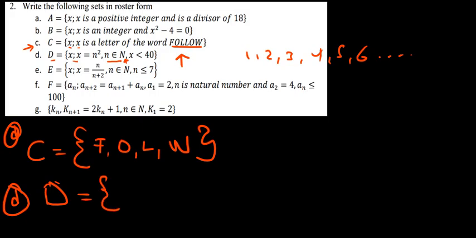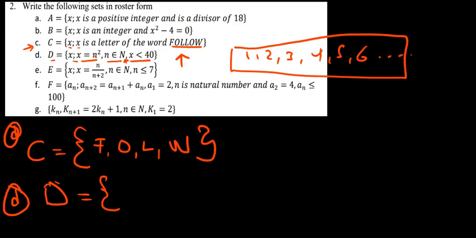We are going to say set D is equal to, okay, remember we've been given a restriction here that x should be less than 40. We're finding x by this formula where n is a natural number, so we can use any of these numbers.